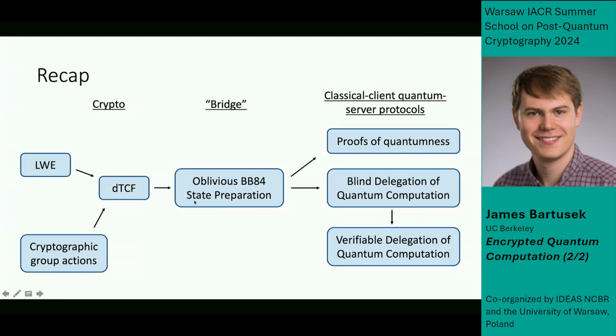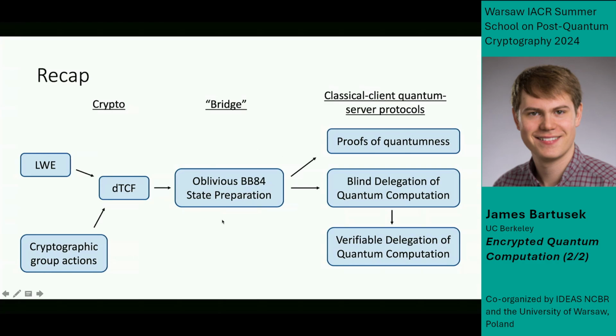And we can use this crypto in order to build what I call this oblivious state preparation protocol. And once we have this, we can use that to build proofs of quantumness and blind delegation. And as I passed over in the end there, you can show that this ability to perform blind delegation via this non-local game approach can also give us full-fledged verifiable delegation as well.